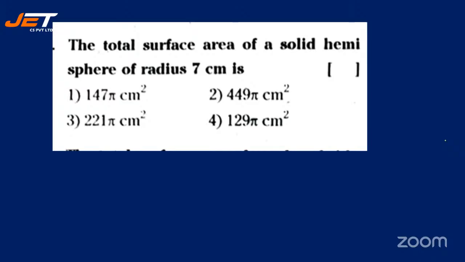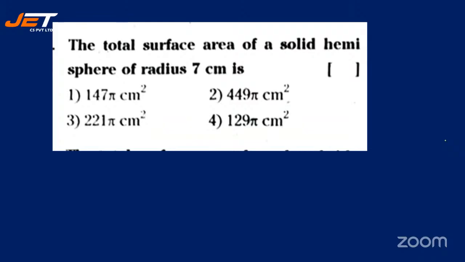Okay, so please read the question. Your question says the total surface area of the solid hemisphere. Right. So what is the total surface area of the hemisphere? It is 3 pi R square.